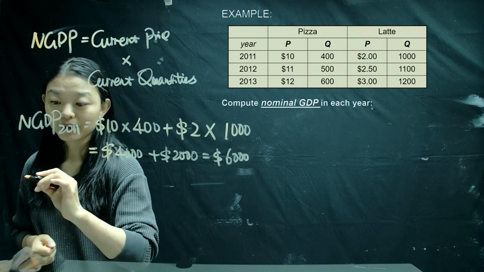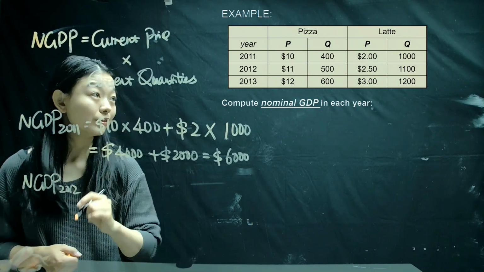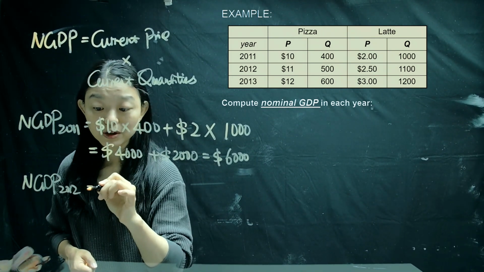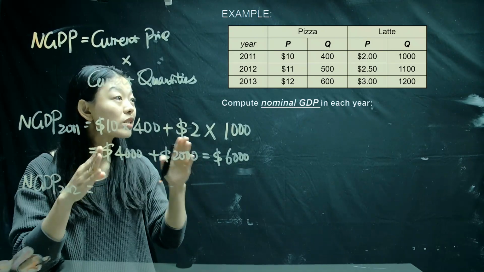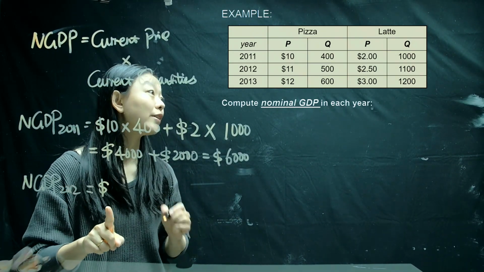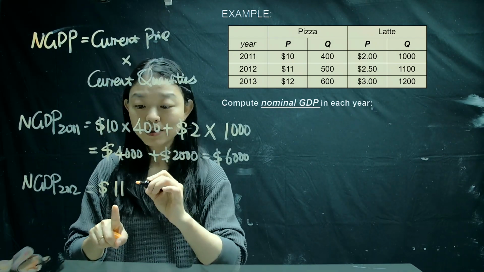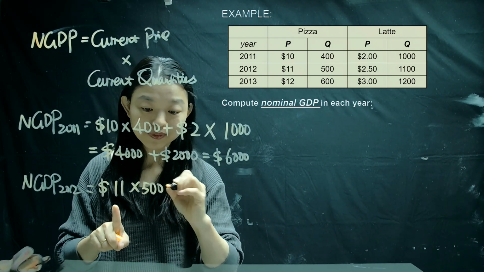Similarly, we can get nominal GDP in 2012. You just use the current price times the current quantity. The price for pizza in 2012 increased to $11, times the quantity, 500, which gives 5,500.